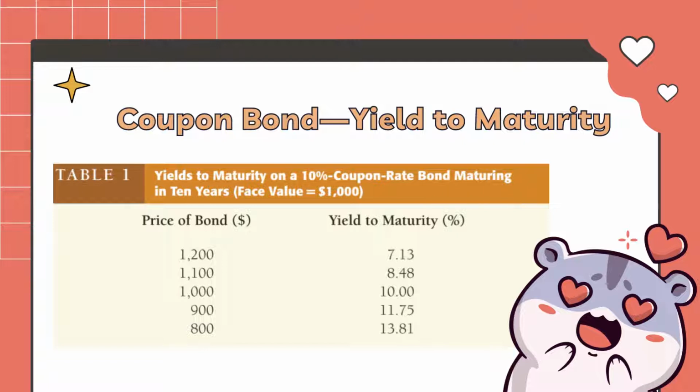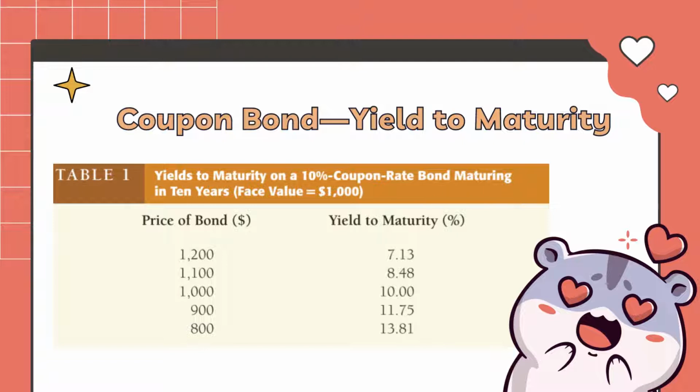And when the bond is priced same as sa face value natin, magkapareho ang ating coupon rate at ang ating yield to maturity. So, yun yung mga concepts. Kapag daw pareho ang ating price ng bond at ang face value natin, ang ating yield to maturity at ang ating coupon rate ay magkapareho. Let's see. Face value natin is 1,000, price of the bond natin is 1,000.